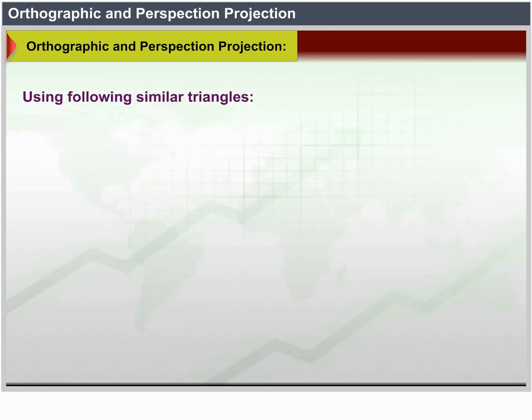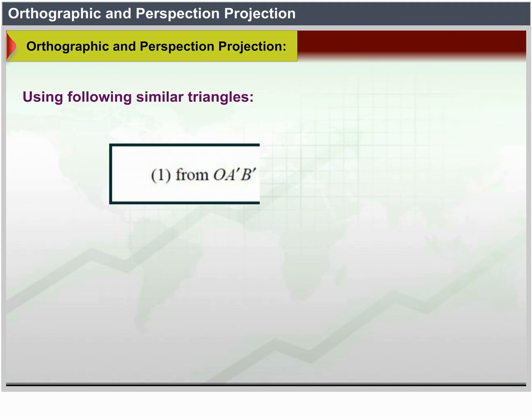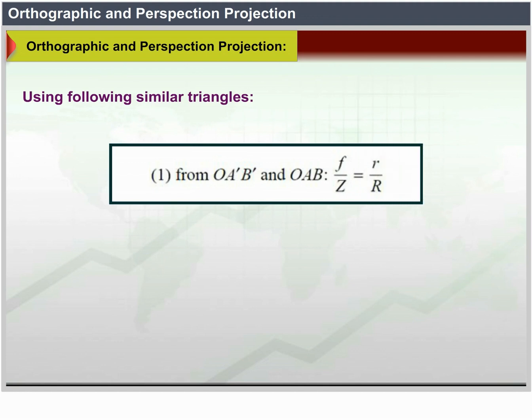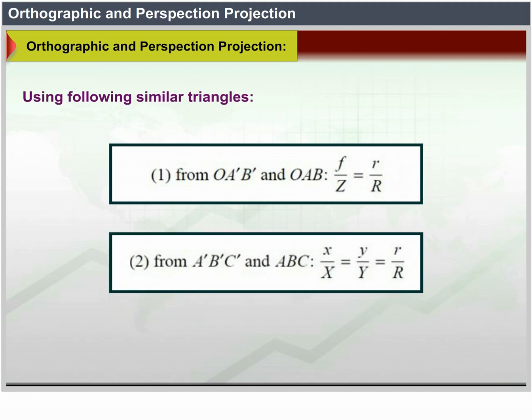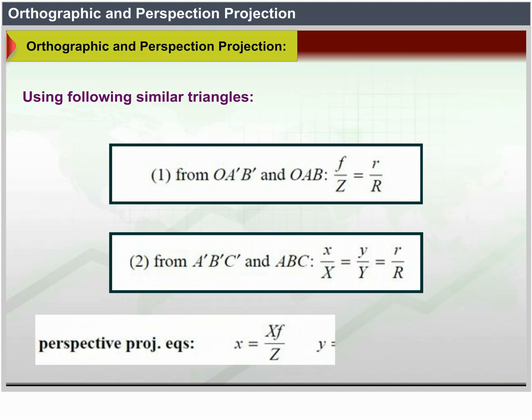From OA dash B dash and OAB, f by z equals r by capital R. From A dash B dash C dash and ABC, x by capital X equals small y by capital Y equals small r by capital R. Perspective projection equations: x equals Xf by Z, y equals Yf by Z, z equals f.